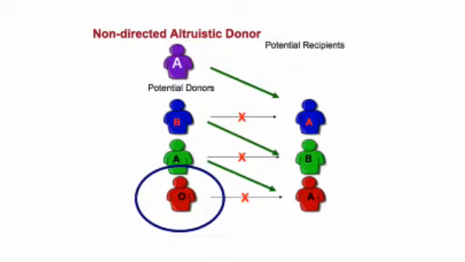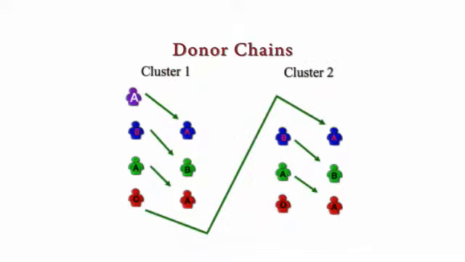In this situation, we have this non-directed altruistic donor give to an AB, give to a B, give to an A, and then you have this donor who's left over. We call this the bridge donor, and they can go on and start another cluster.